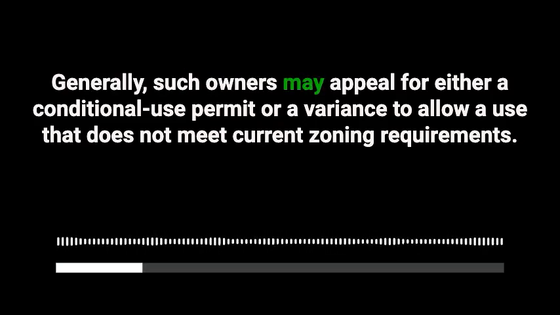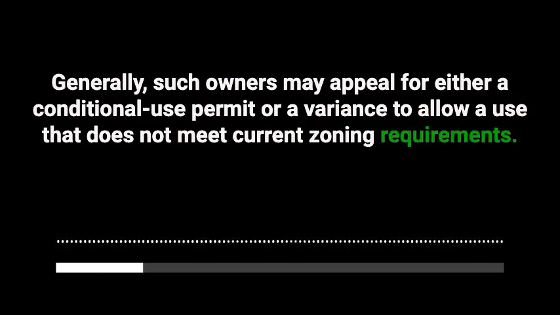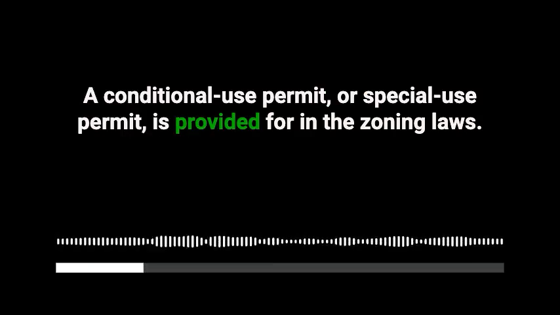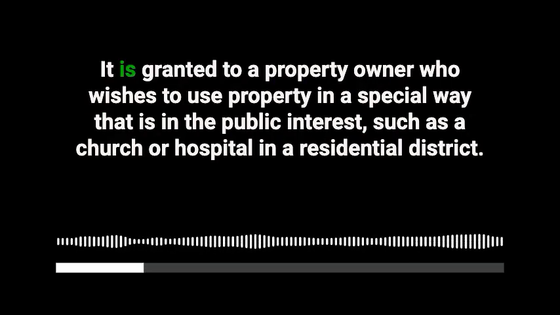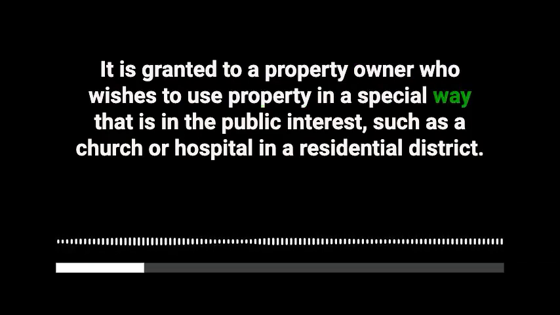Generally, such owners may appeal for either a conditional use permit or a variance to allow a use that does not meet current zoning requirements. A conditional use permit or special use permit is provided for in the zoning laws. It is granted to a property owner who wishes to use property in a special way that is in the public interest, such as a church or hospital in a residential district.